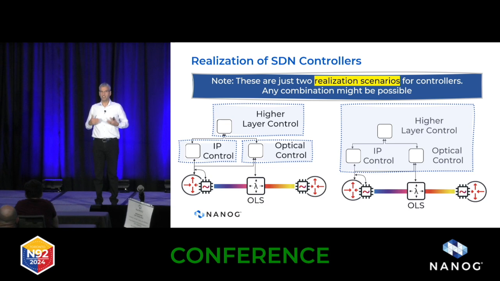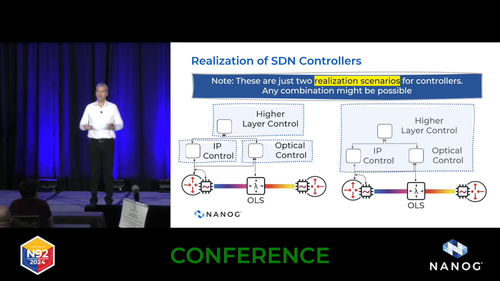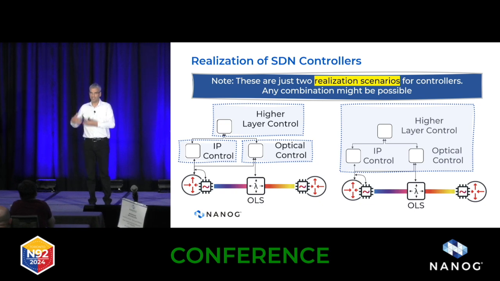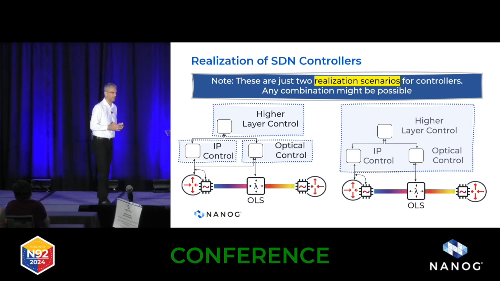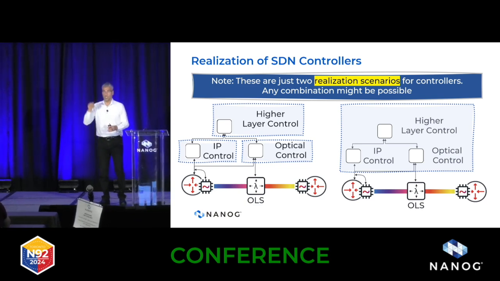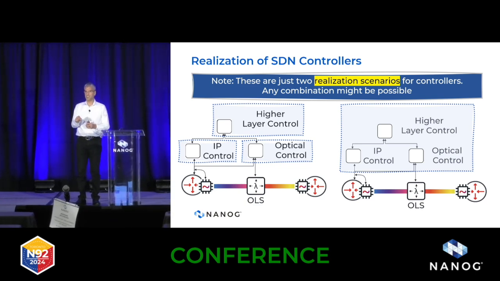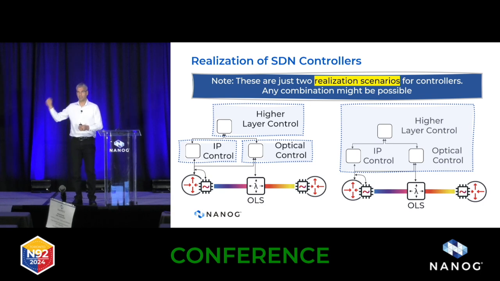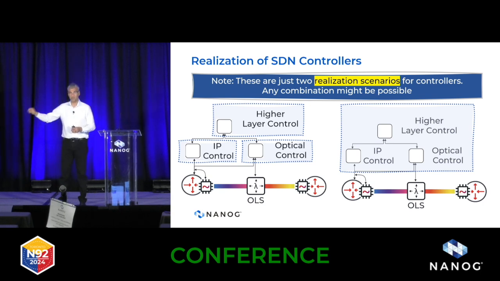Maybe right now you don't have any higher layer control or orchestration in your network. So when you go to pluggable, maybe one realization is better than the others. And this is the important aspect to consider when we talk about the control and management of this network. Also think about this network not only as pluggable, but as the heterogeneous network that we discussed before.